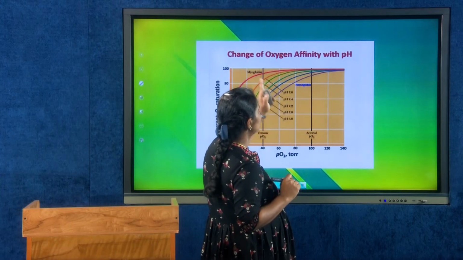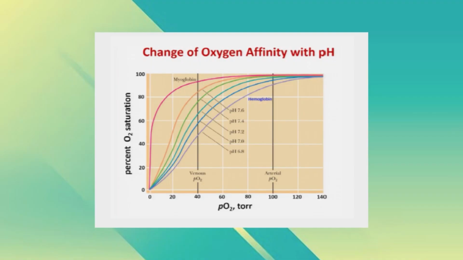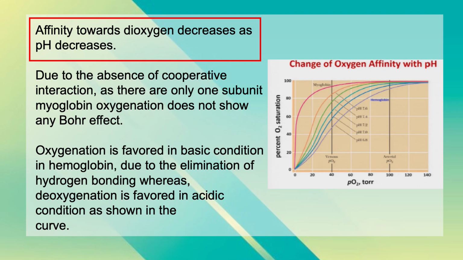This shows the change in oxygen affinity with pH. You can see the variation of oxygen affinity with pH here, that is the Bohr effect. So, the affinity towards dioxygen decreases as pH decreases.